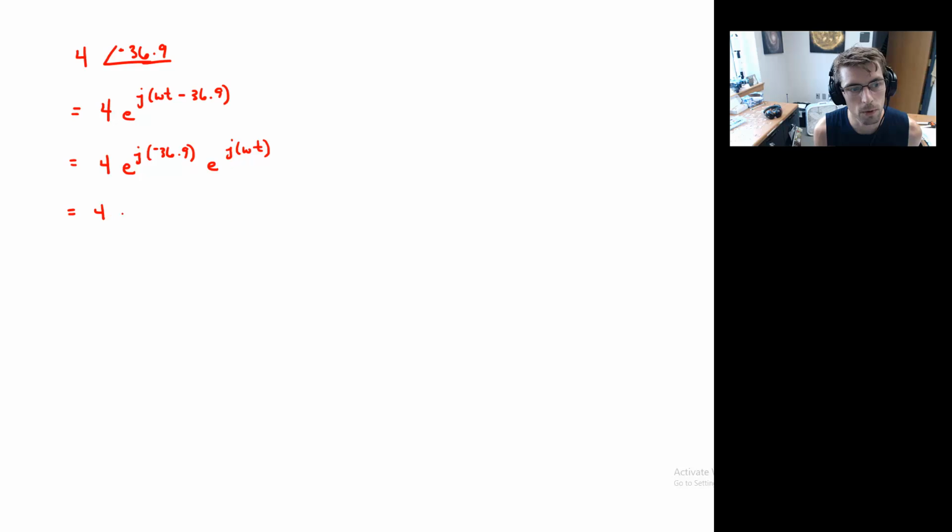So I get 4 cosine of 36.9 minus j sine of 36.9. Again, I'm using that idea of even and odd functions. And I multiply that by cosine of omega t plus j sine of omega t.